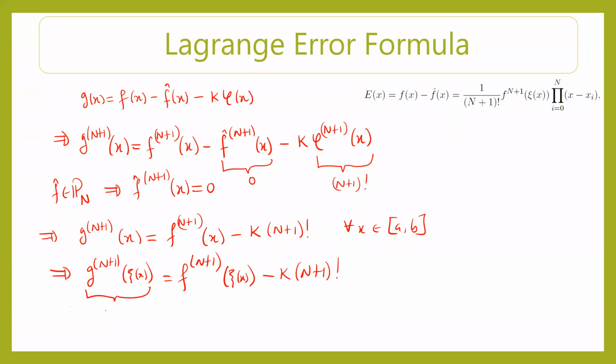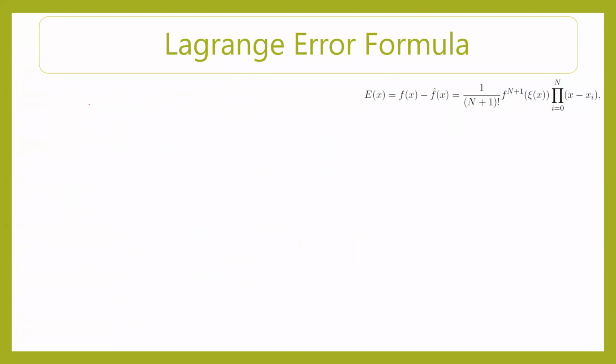We saw that in the previous slide. This one is 0. Eventually, we have f^(n+1)(ζ_x) minus k. We can just separate it to be this.